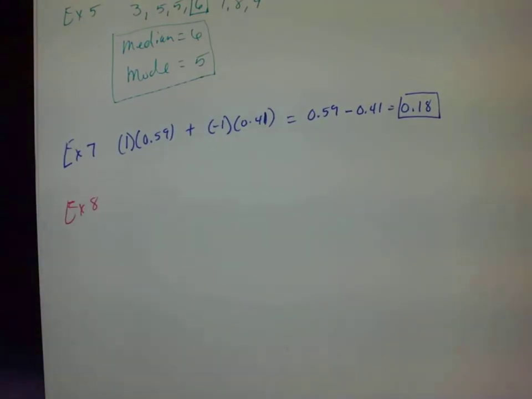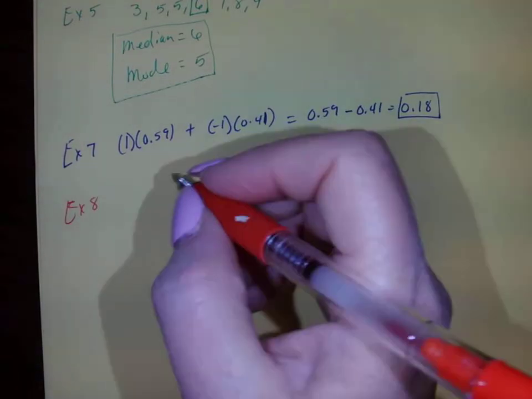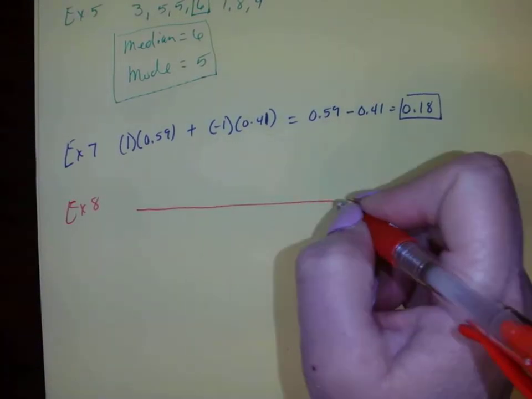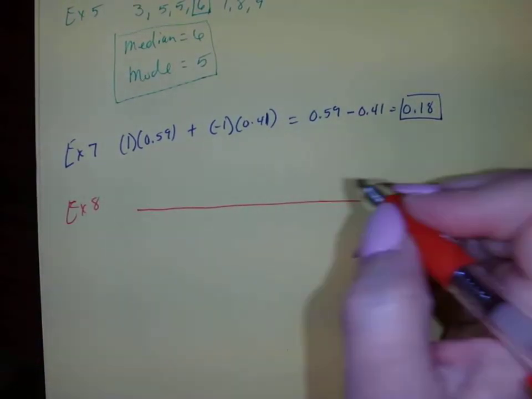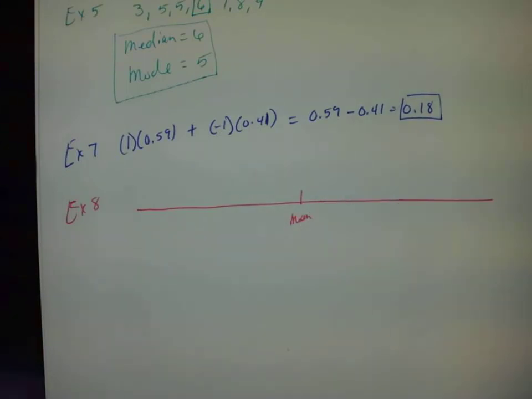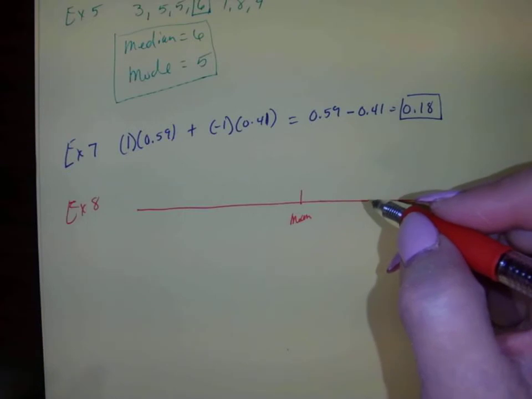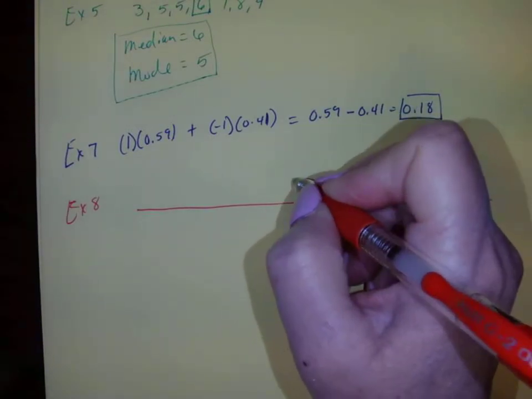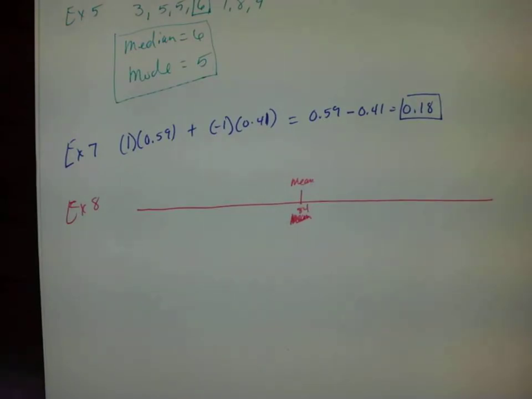All right. I'm going to draw a number line to help us, and in the middle, I'm going to put our mean. 84 is our mean, and I need to find the other values.